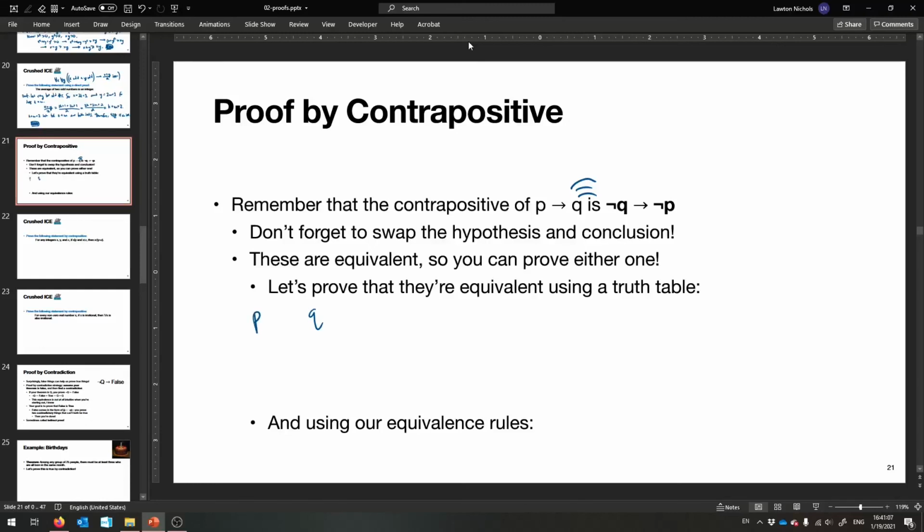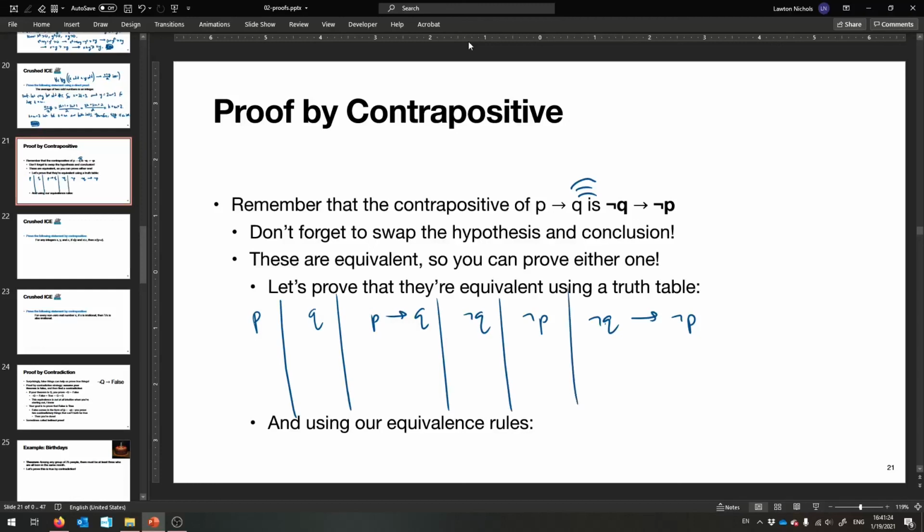We need P and Q, and P implies Q, and not Q, and not P, and not Q implies not P. Okay, so let's fill all that in. Feel free to fast forward. That's one of the beauties of television, right?